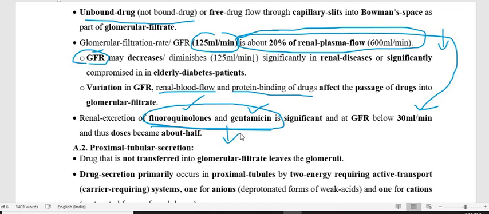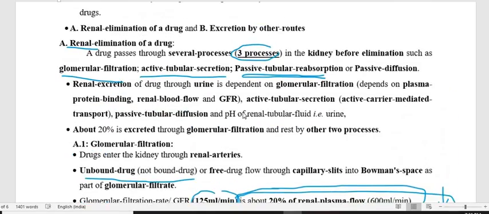This is very, very important because their excretion is reduced. It influences the half-life, so their dosage gets reduced. This becomes very interesting and important.